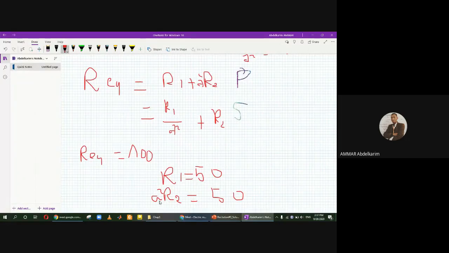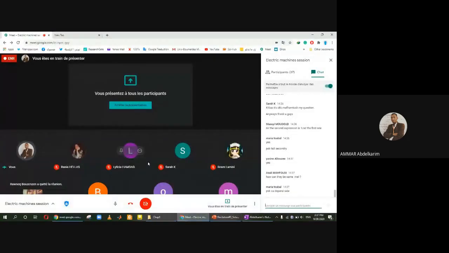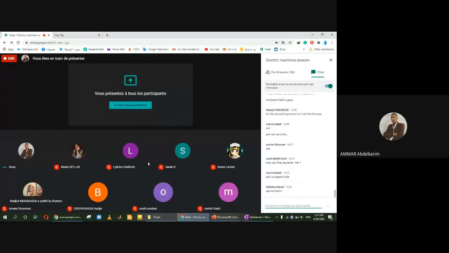So R2 is equal to 50 over A square. If we are in the secondary, R1 over A square is 50 and R2 is 50. This is an approximate method, not an exact method.